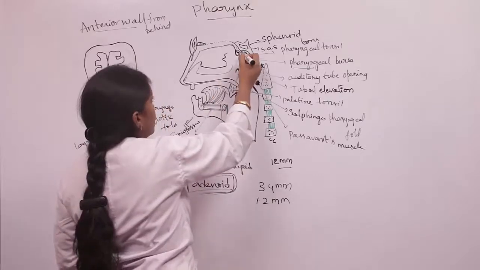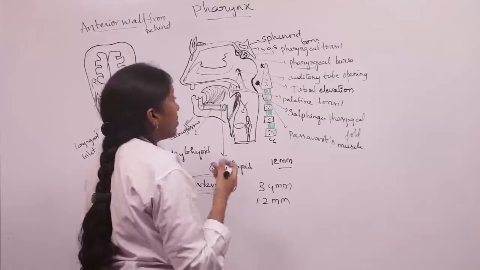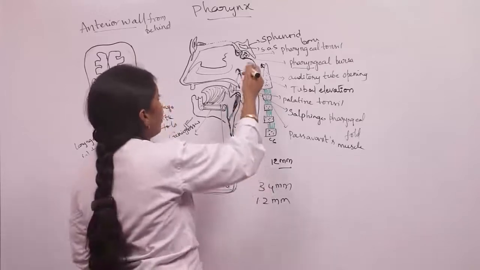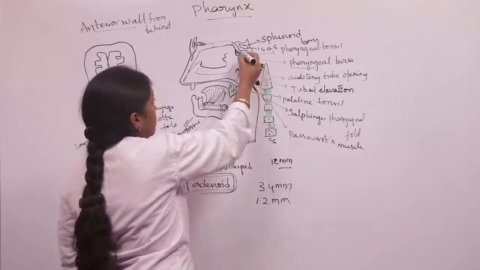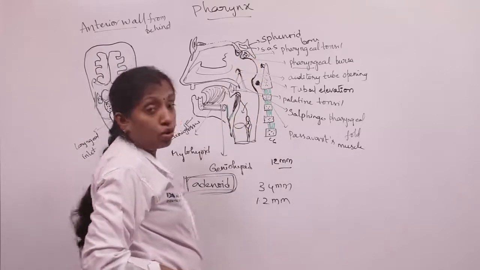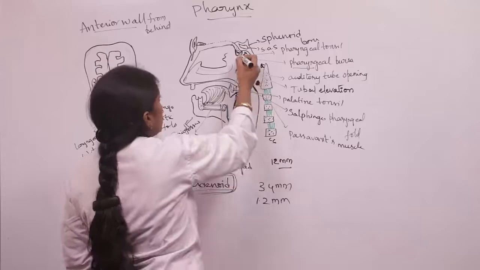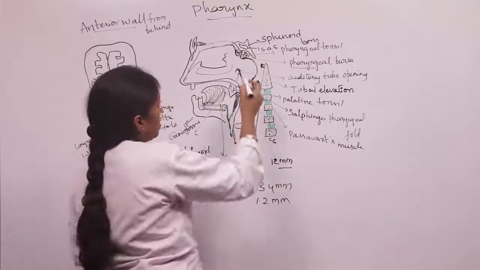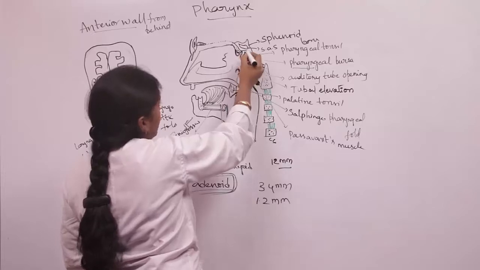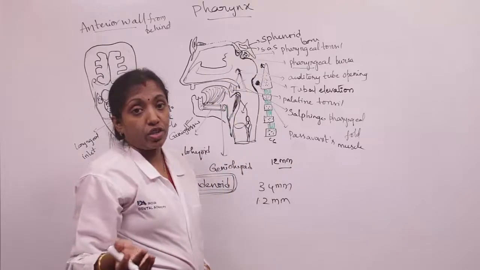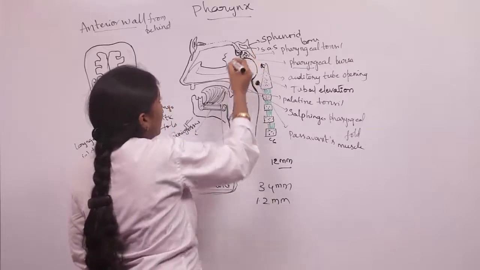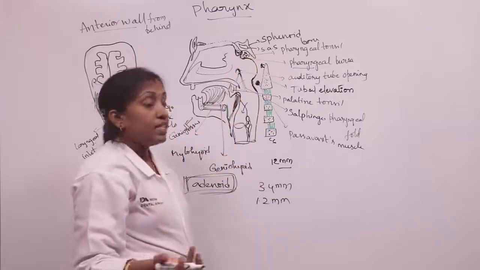One more thing is that this pharyngeal bursa is nothing but the remnant of the notochord on the dorsal wall of the pharyngeal part of the foregut embryologically. Sometimes this pharyngeal bursa undergoes calcification, due to the presence of notochordal cells.